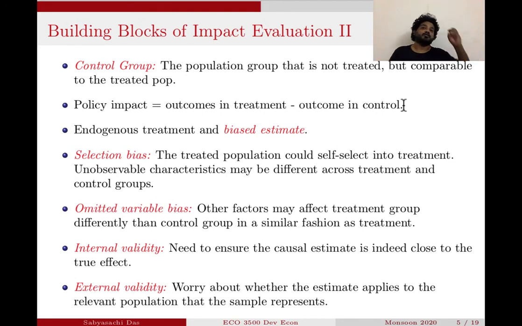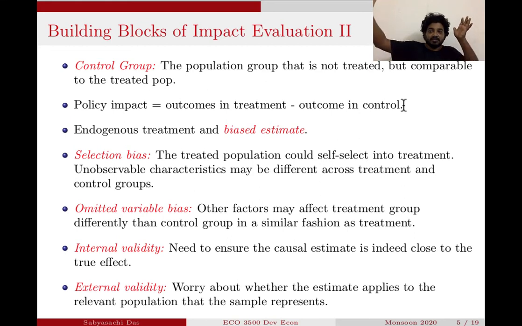So suppose the bigger question that you are after is, if I open bank branches in rural India, how much it would improve savings and investment by the farmers from rural India. Okay, so your relevant population is rural India, but you are estimating using, say, opening of bank branches in only a smaller set of villages.